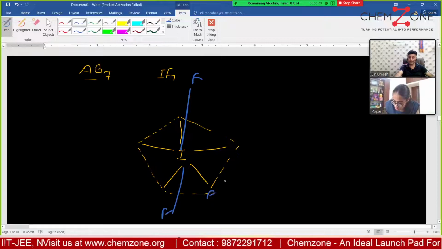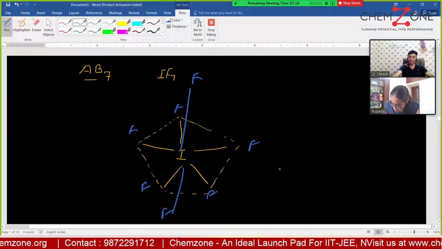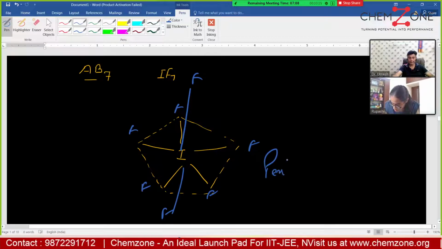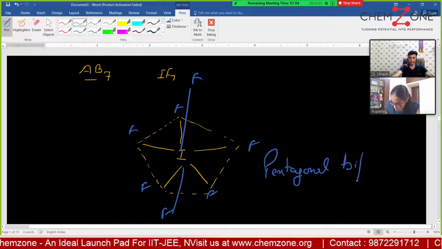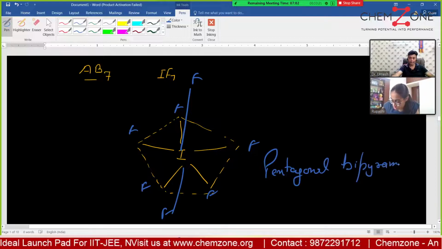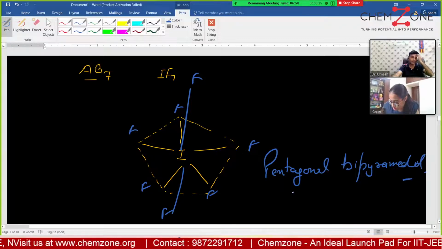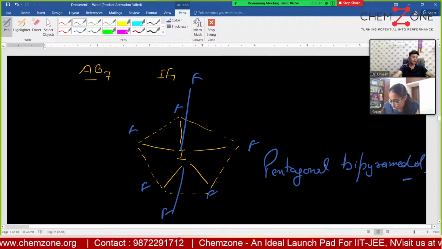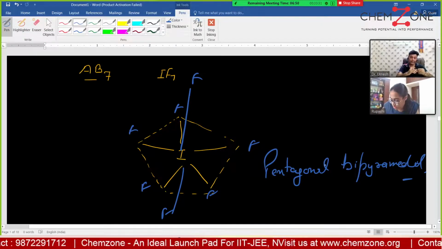The rest in the plane. This will be called the pentagonal bipyramidal. It is pentagonal bipyramidal. Am I clear?